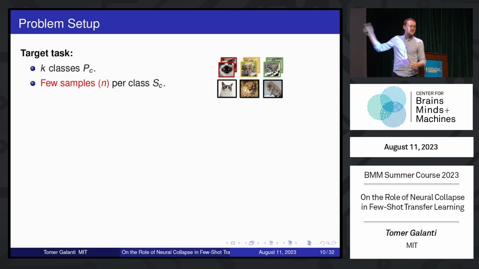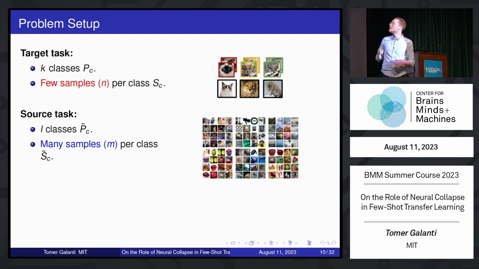Okay, so just to have some notation. The problem is as follows. We have the target task, K classes. Each one is a distribution of samples, P_c. S_c is a batch of samples from this class. And we have few samples, so let's think of them as 5 samples. And we have the source task. Everything is with a tilde.